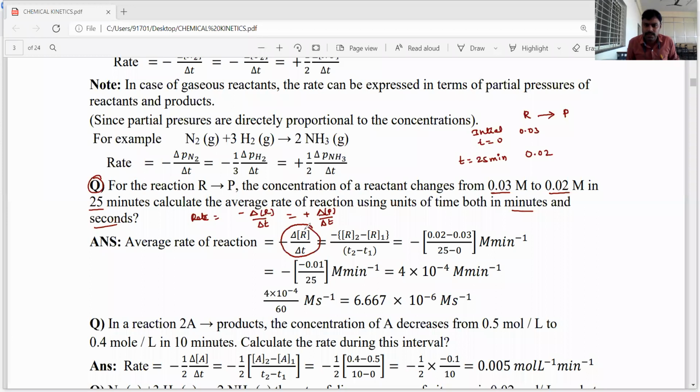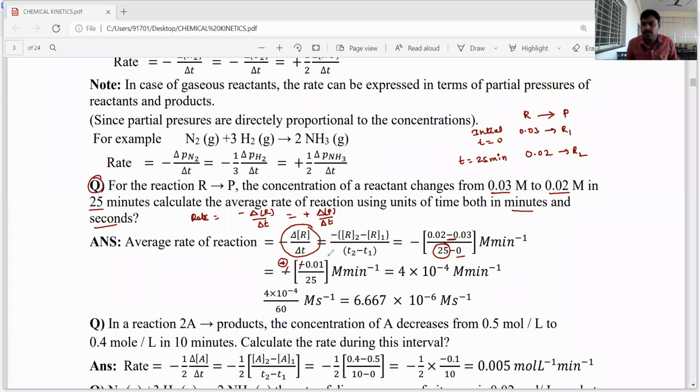Minus delta R is nothing but R2 minus R1, where R2 is the final concentration and R1 is the initial concentration. So minus of 0.02 minus 0.03 divided by T2 minus T1. The time is 25 minutes final and 0 initial. Simplifying, we get minus of minus 0.01 by 25. Minus into minus becomes plus.